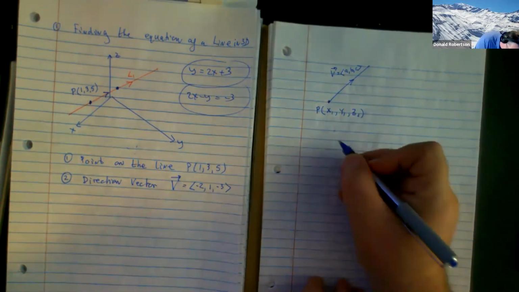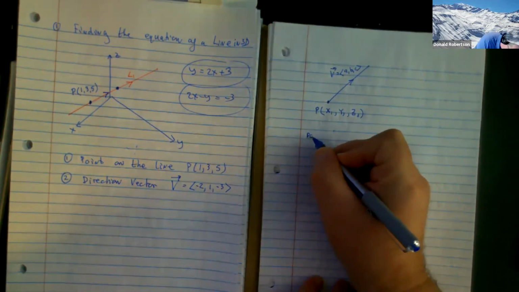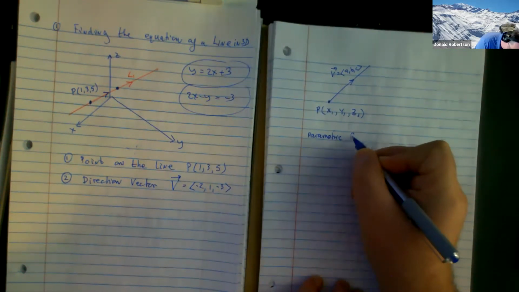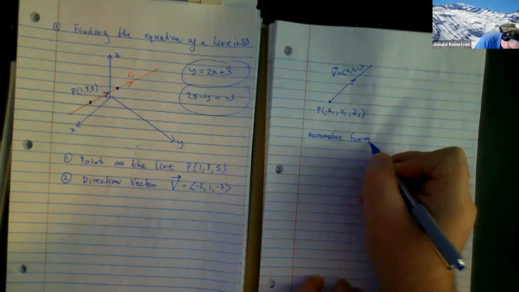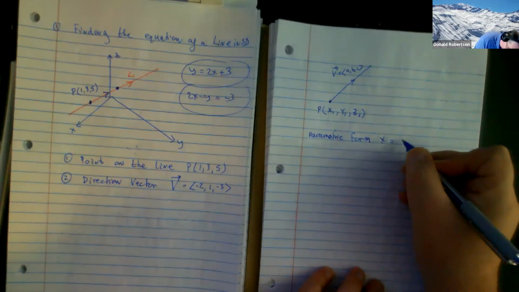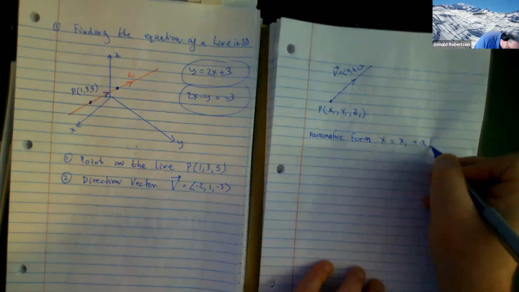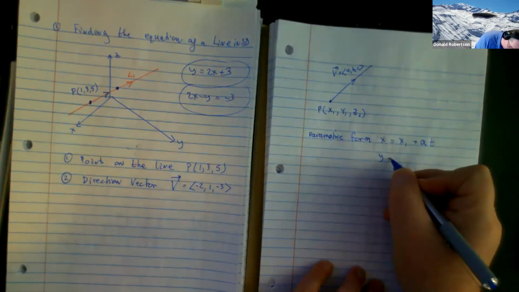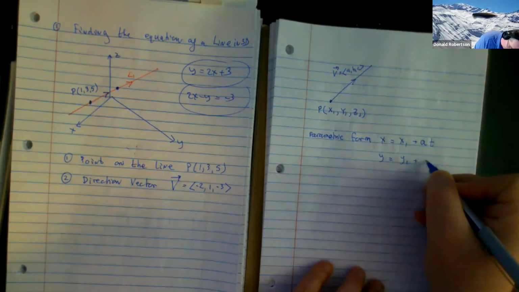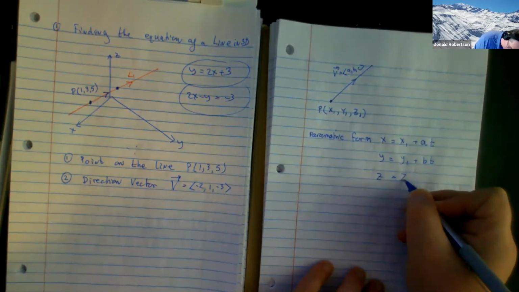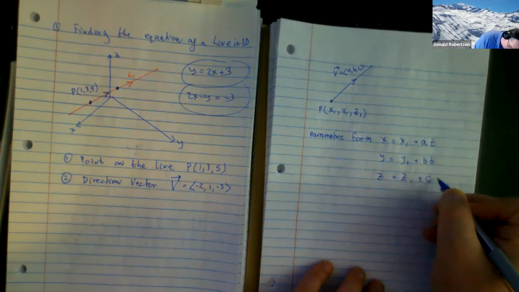Then the equation of the line, let's do parametric form, is x equals x1 plus at, y equals y1 plus bt, and the z coordinate is z1 plus ct.